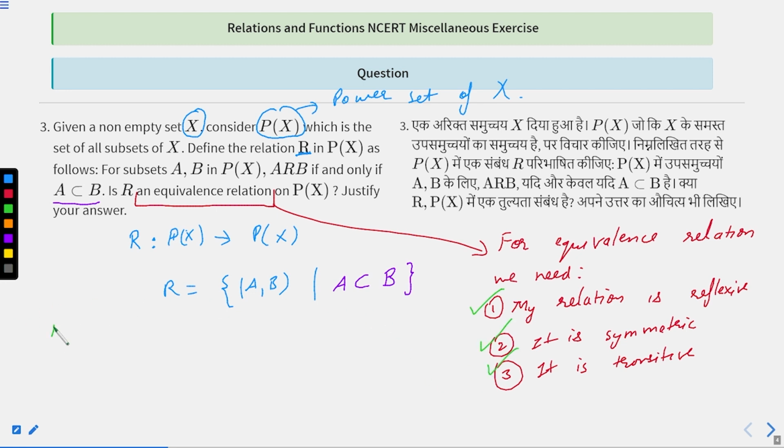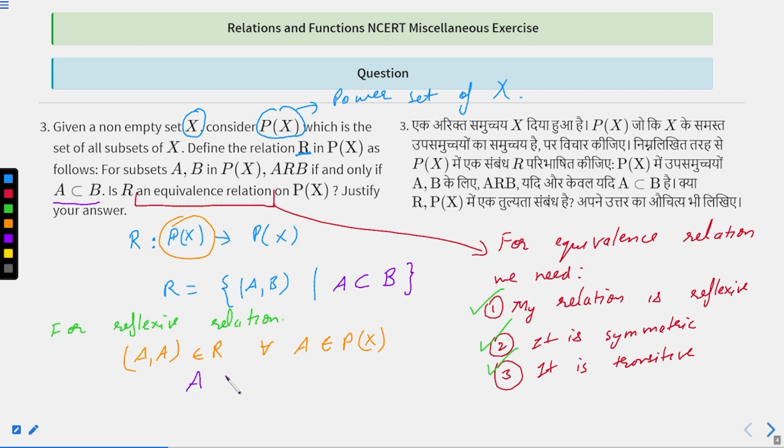For reflexive relation, what you can see is, we know for reflexive relation A comma A must belong to the relation R for every A belonging to this set, which is power set of X. Okay. Can this happen?